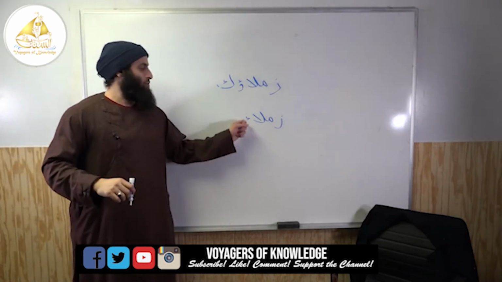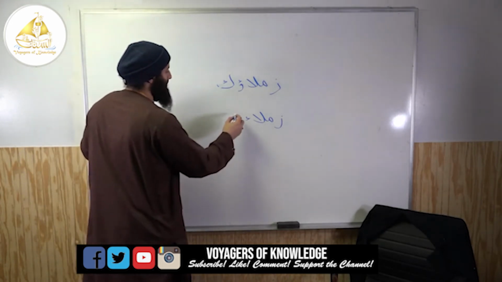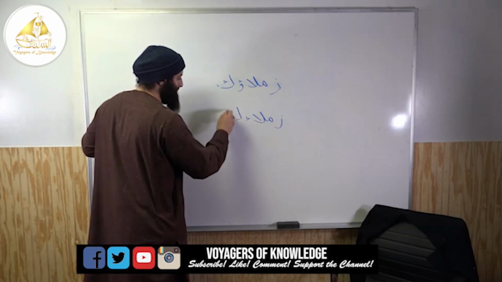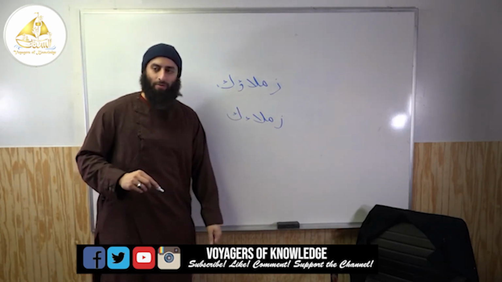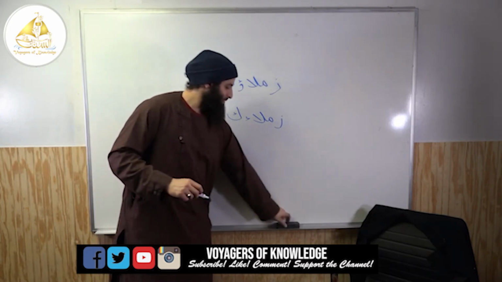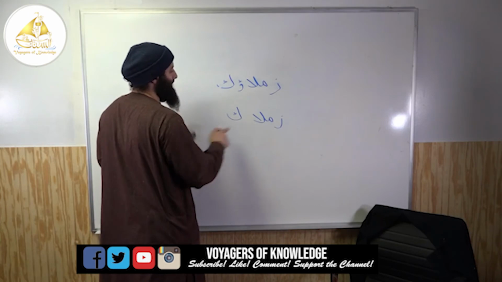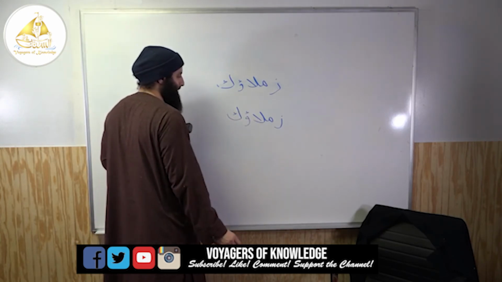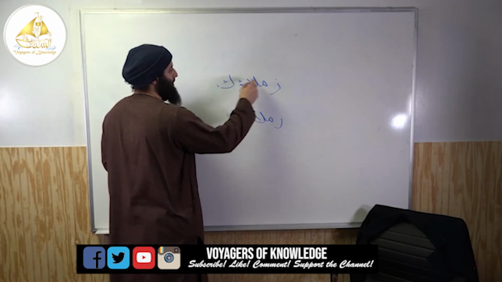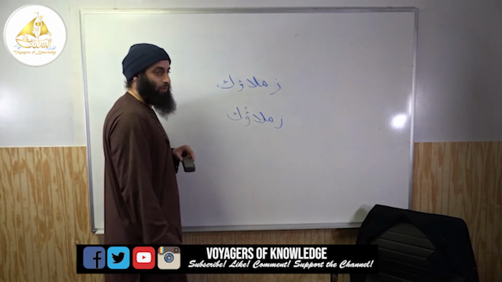So zumala'u is normally how it ends. When it became added with this kaf, the word didn't end there. This hamza needed a waw to sit on. The normal haraka of this is a dhamma, correct?